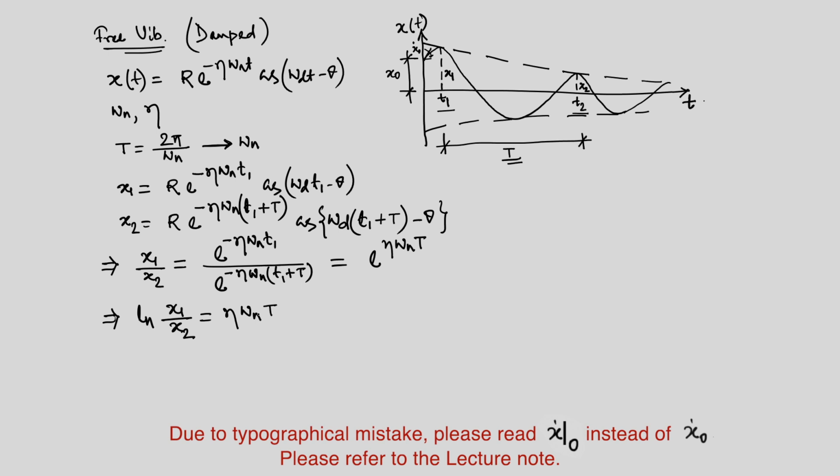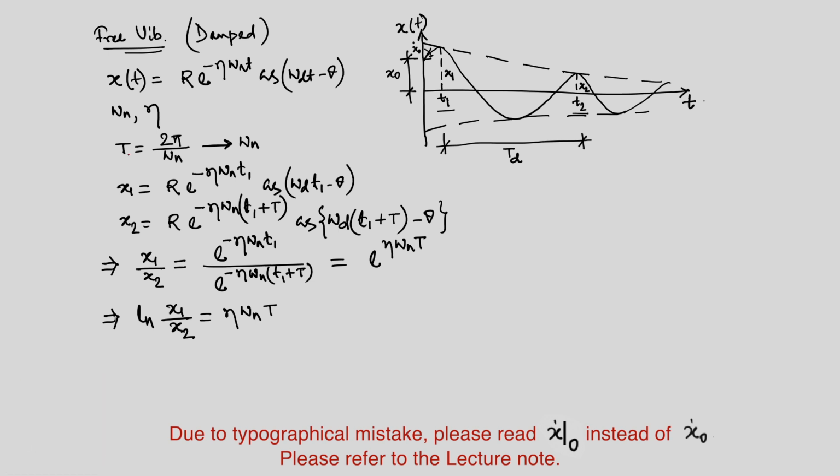Now, I will slightly modify this notation, because in reality when we have damped free vibration, the time period that we get is T d, not exactly T. So, this relation will be modified.